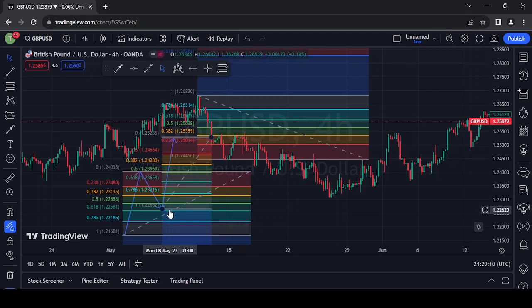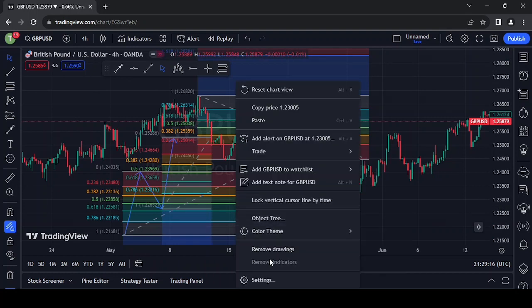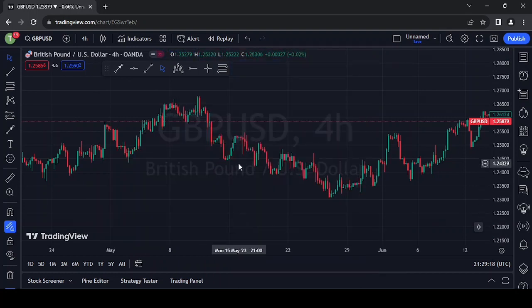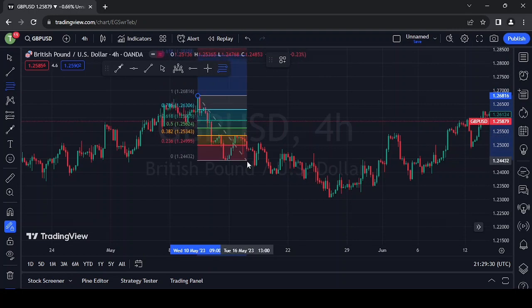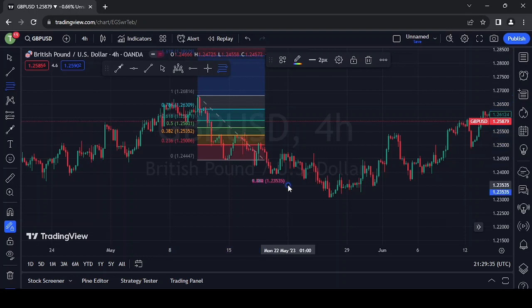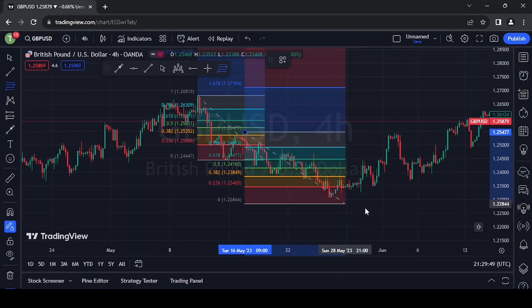Now, what can you see from here? Let me remove this, then use this particular one so that you understand it. Good, that was what we were having. Now to place another one, you place from where the pullback is, from this pullback all the way down.